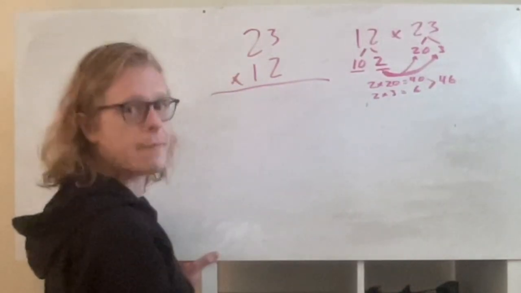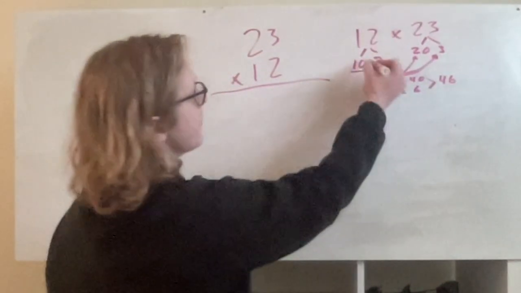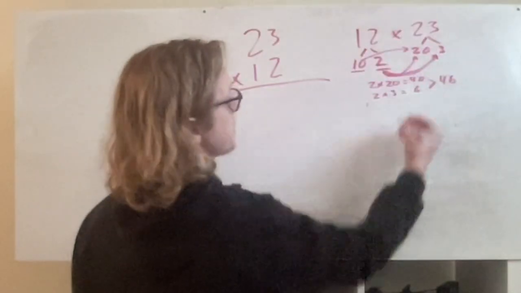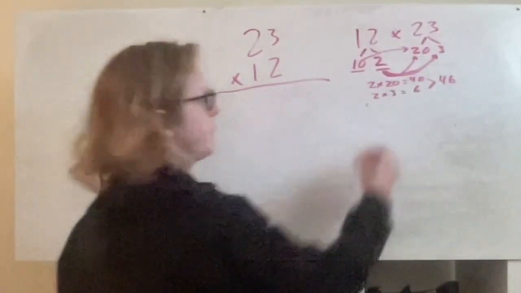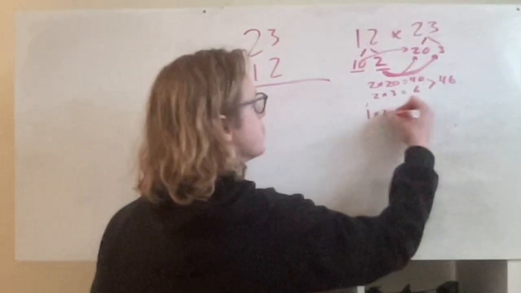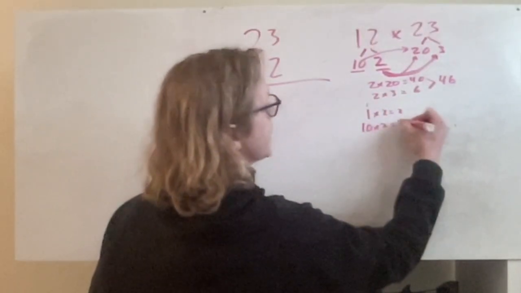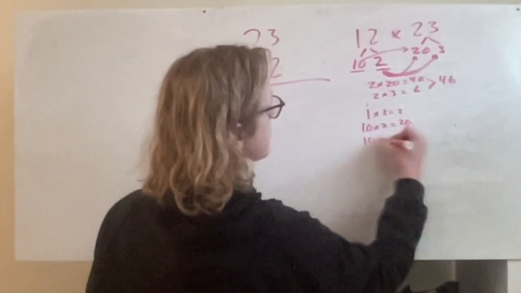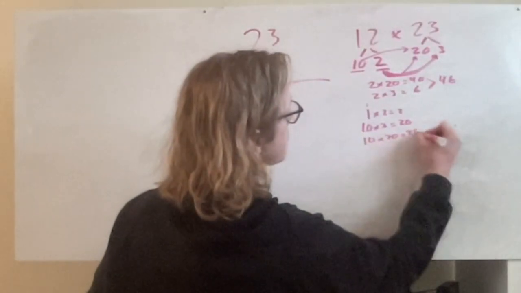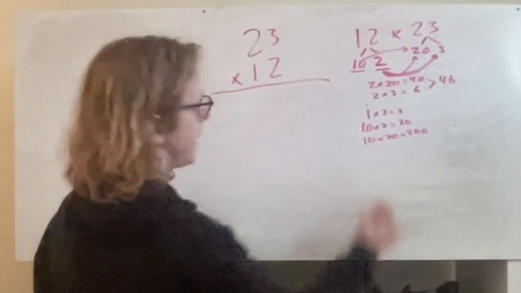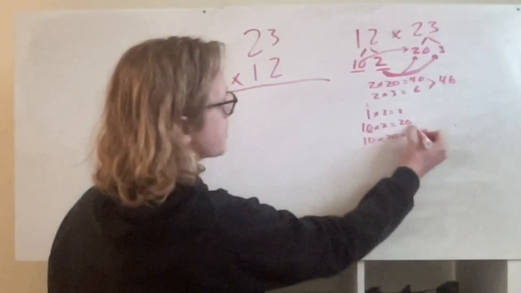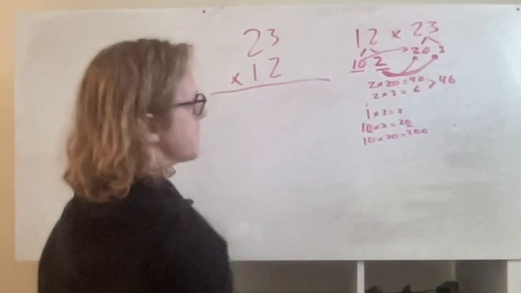And then I would do the same thing with the 10. 10 times 20. What would 10 times 20 give me? Well, 1 times 2 is 2. So 10 times 2 is 20. And 10 times 20 is 200. Right? Every time I add a 0 here, I'm adding a 0 in my product.